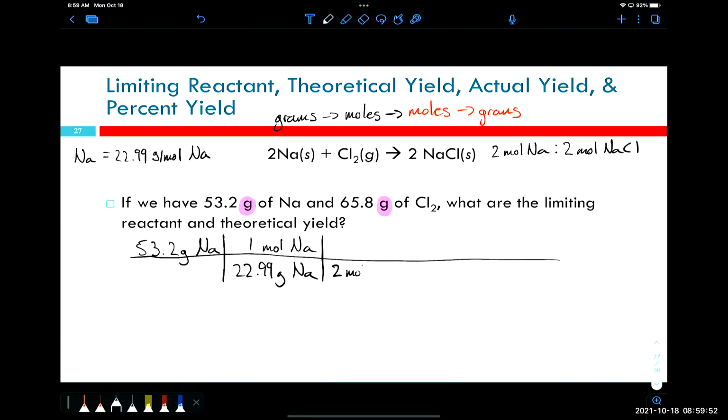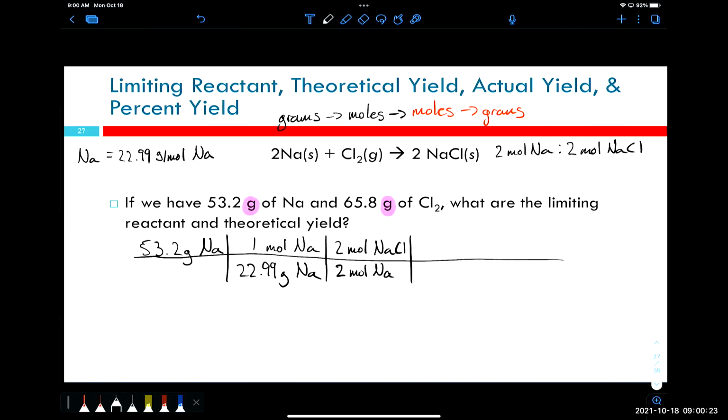So 2 moles sodium, again, removing this unit from our previous step, and then adding in 2 moles sodium chloride. And the final step will be to convert from moles of sodium chloride to mass of sodium chloride.